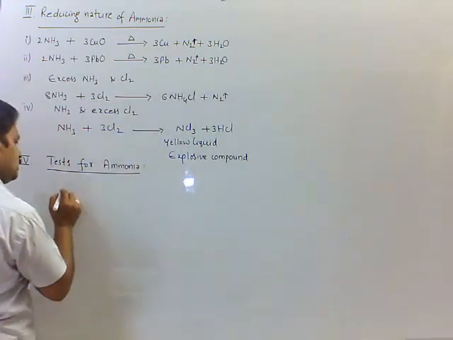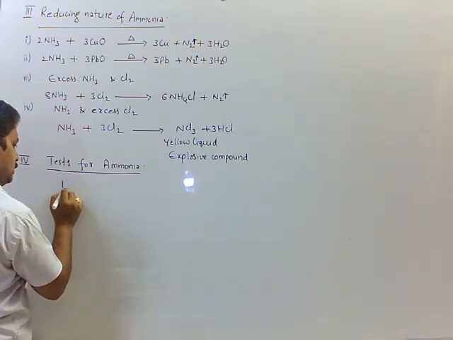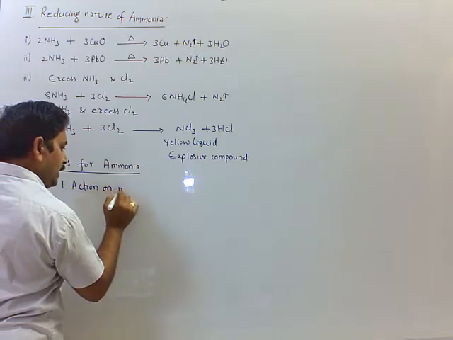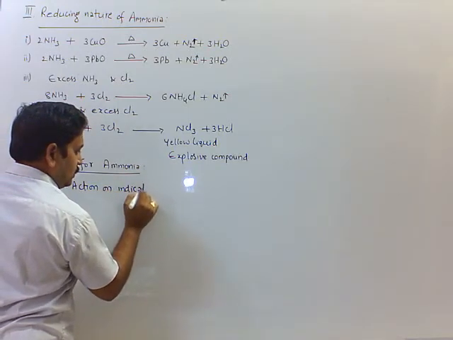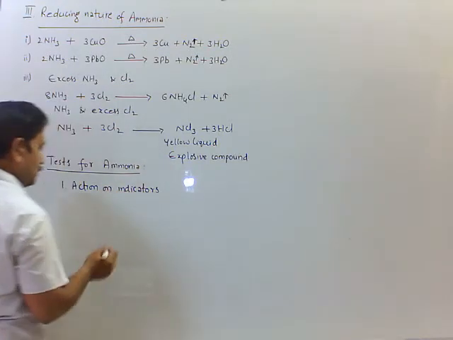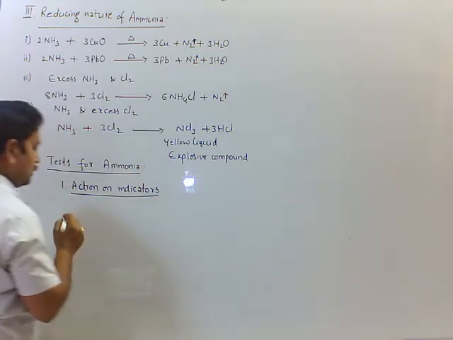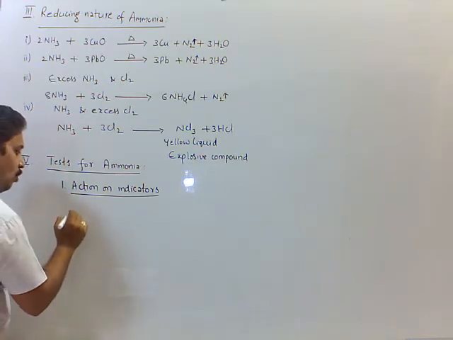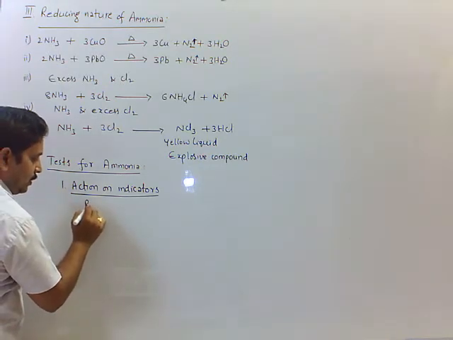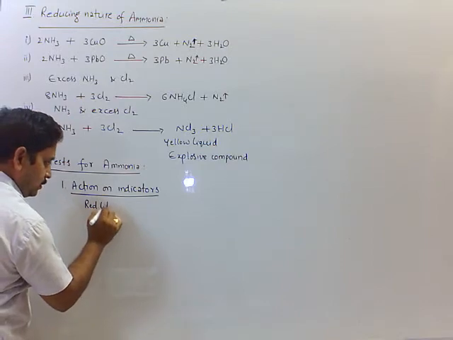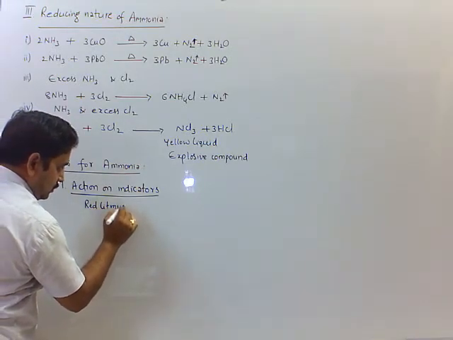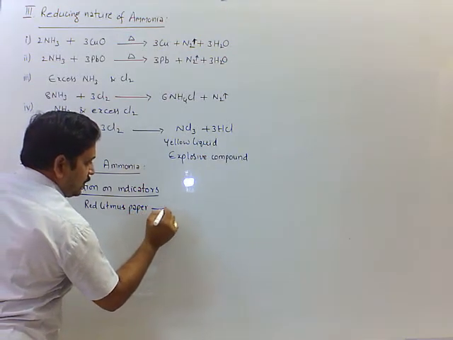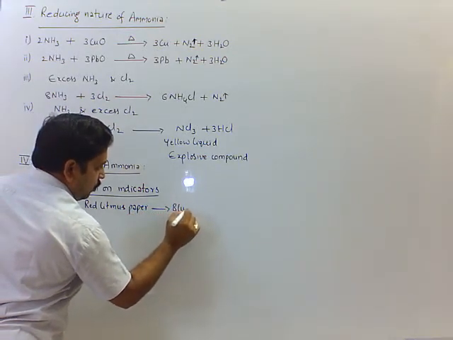First one is action on indicators. Ammonia gas turns moist red litmus paper into blue.